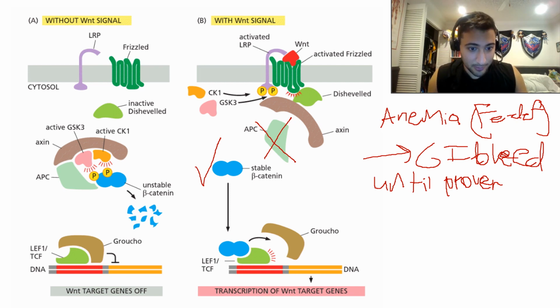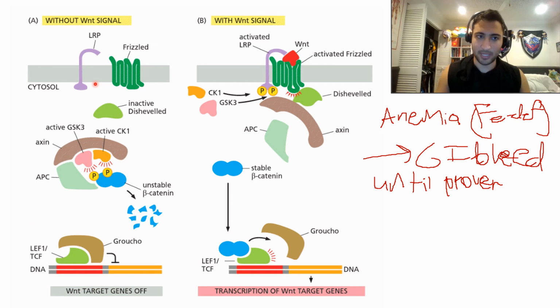So just to do a super fast pass summary of everything we just said. In normal patients, this system is intact. You do not have transcription of Wnt target genes in the inappropriate context. You don't get the FAP syndrome. In patients with a mutated APC, normally Wnt has to be here for beta-catenin to do its signaling.